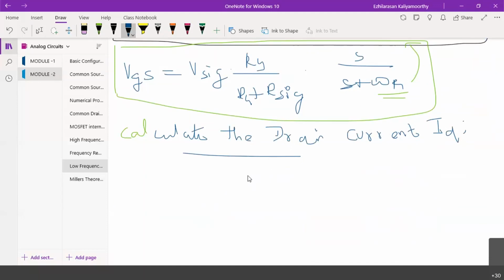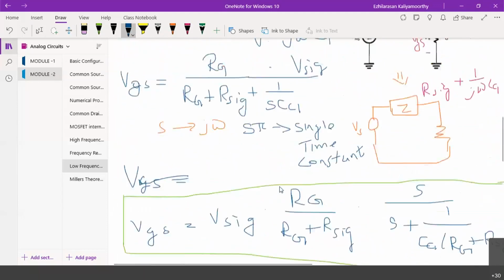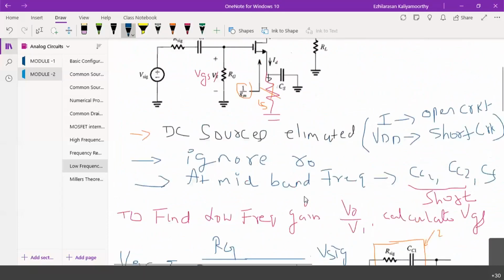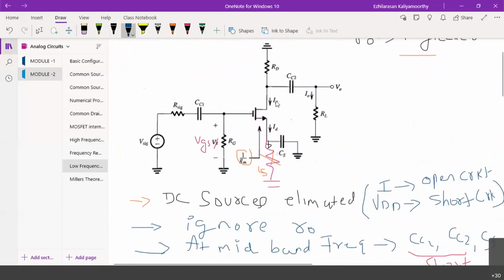Now see here how to calculate from this figure. This ID you have to calculate. From this figure, the ID is nothing but here. We have to calculate the ID current. Just see over the transistor in the small signal model. ID will be nothing but VGS, because this is a current.